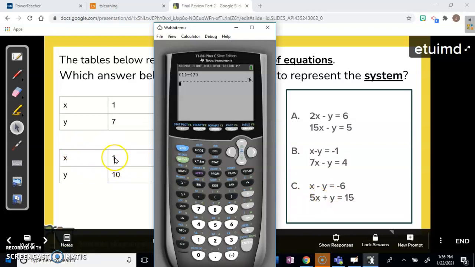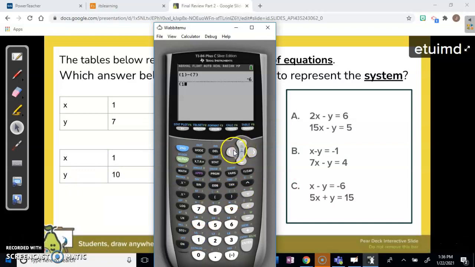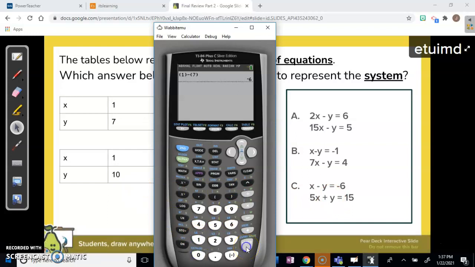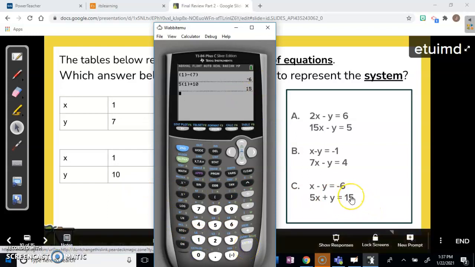So if x is 1, y is 10. So parentheses, it's actually 5, my fault, 5 parentheses 1, close it, plus my y is 10. Press enter and you get 15, and it is indeed 15.